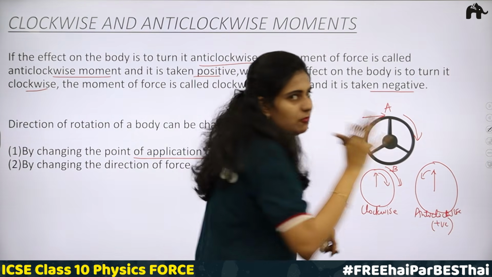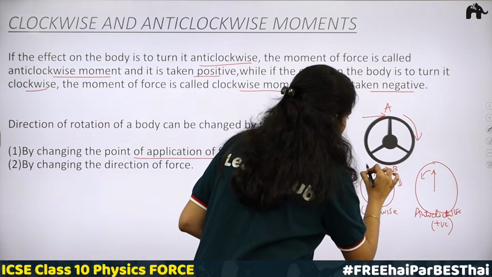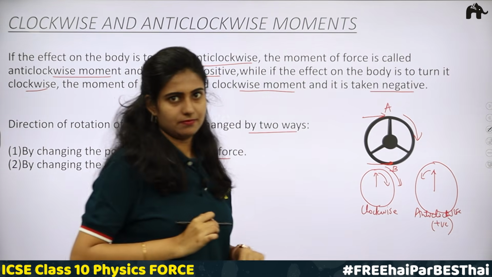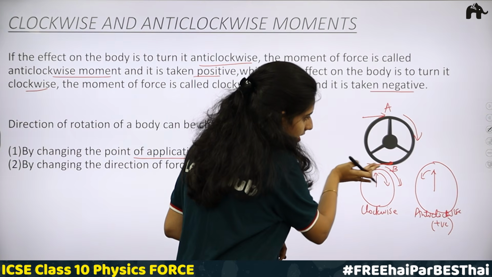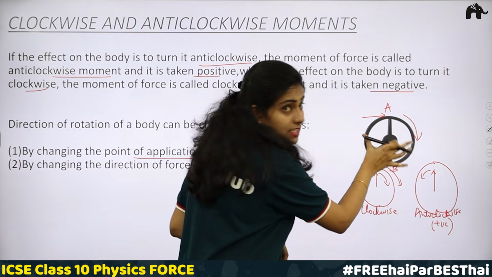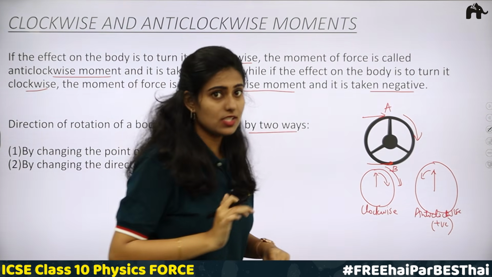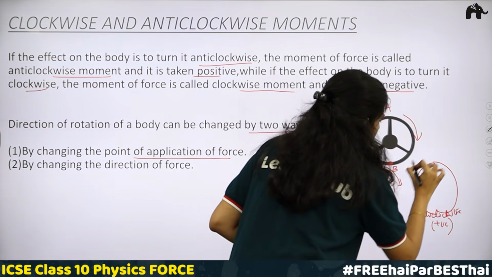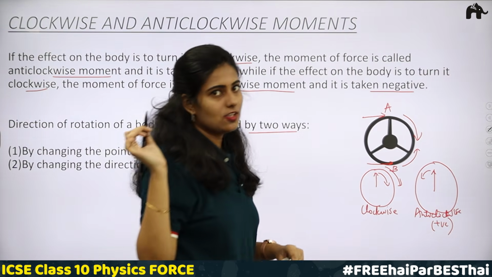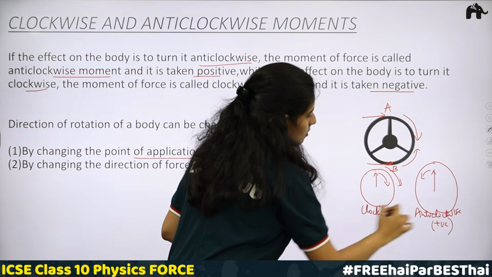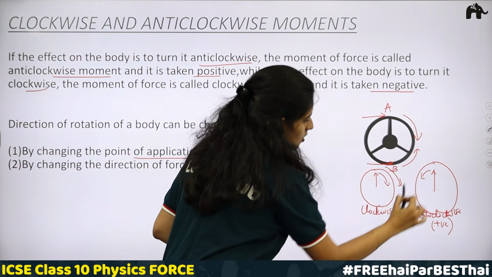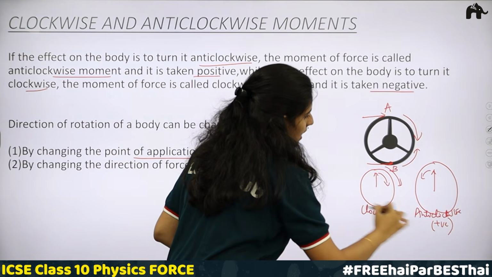Now, the same force I am applying at this point B. How does it move? Just imagine the case of the steering. It will be moving in this direction. Is it clockwise or anti-clockwise? This is how the needle inside a clock moves. So this motion is clockwise and this motion will be anti-clockwise.